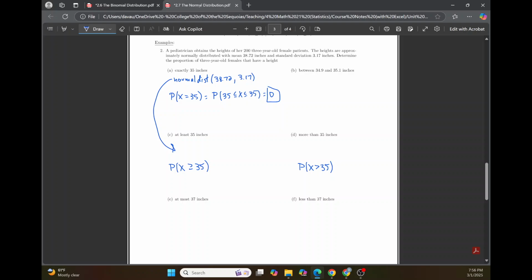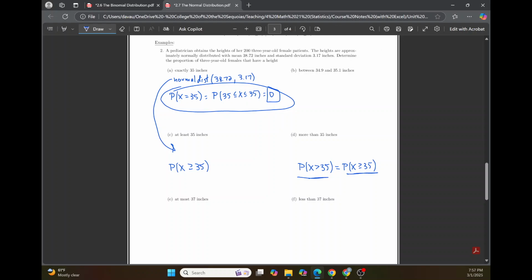But for a continuous distribution, like the normal, this probability is exactly the same thing as this probability. The reason being that the probability that x equals 35 is 0. So it doesn't contribute anything to this probability. So these two things are the same. For a continuous distribution, they're the same.